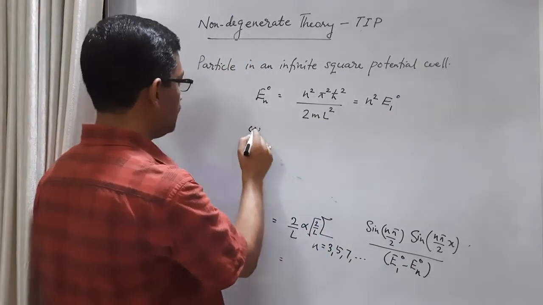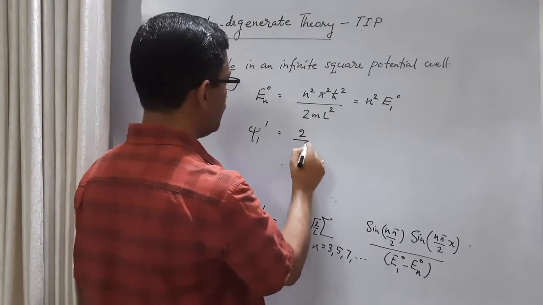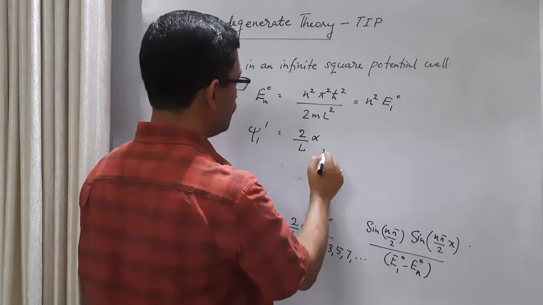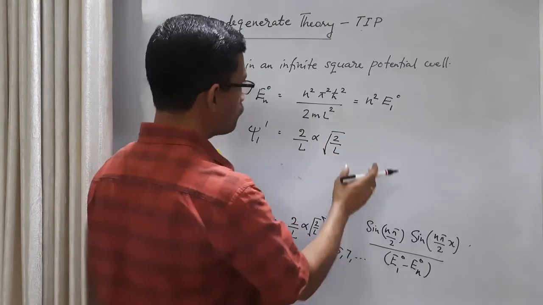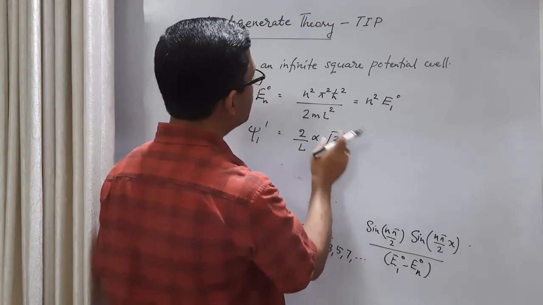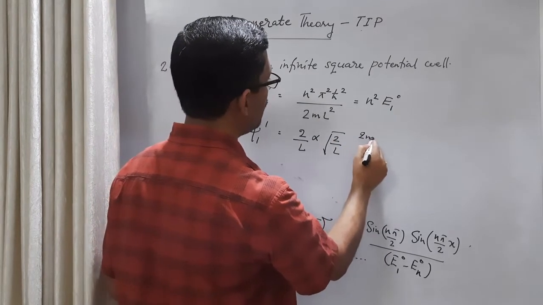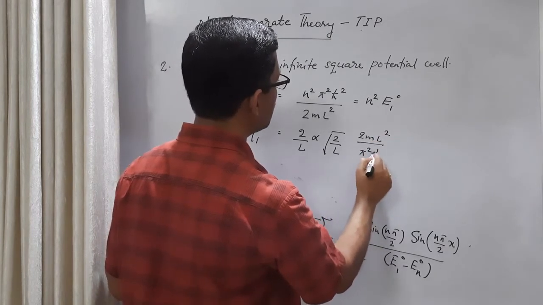So psi11 is equal to 2/L into alpha root 2/L. E10 comes in the denominator, so its reciprocal comes: we have 2ml² divided by π² h².